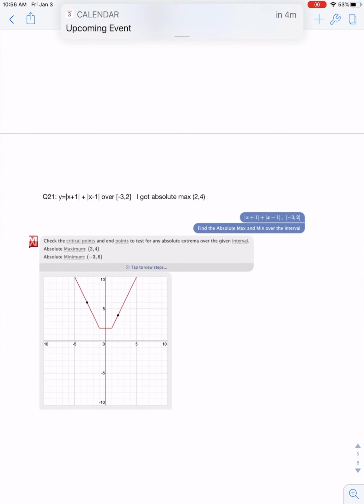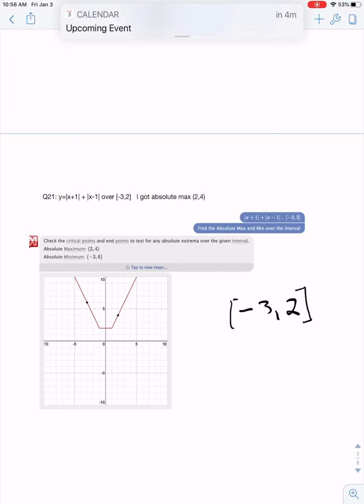For question 21, again, we're only interested in that interval -3 to 2. So we're considering this function on the interval -3 to 2, where those closed brackets show that it could include -3. And we are looking for the absolute maximum on that interval.